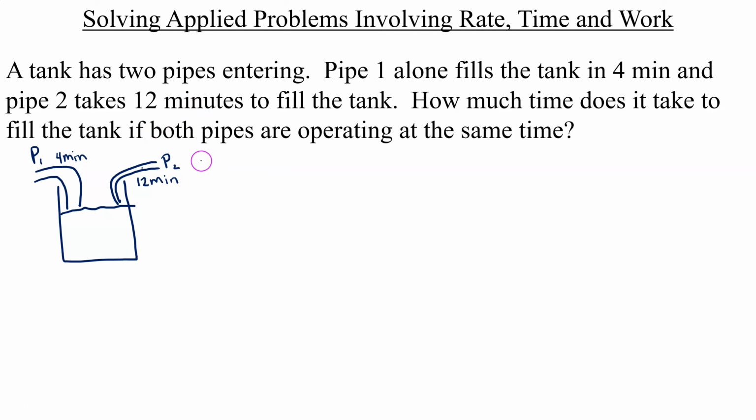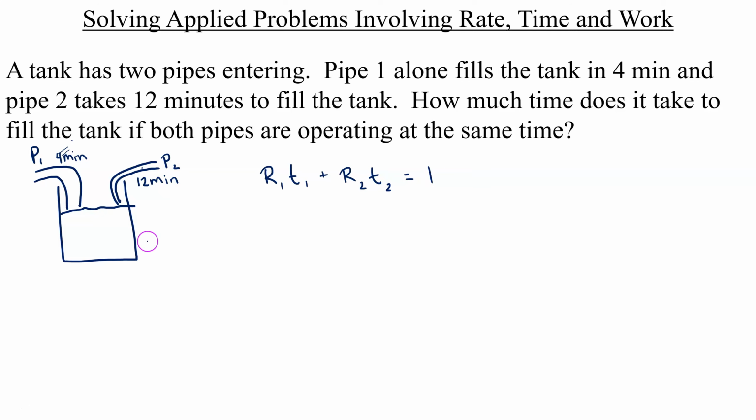So we know that since pipe 1 can fill it in 4 minutes, if it has any help at all, it's going to take less than 4 minutes for the tank to get full. So we're expecting to see an answer less than 4 minutes. Let me remind you of the equation. The equation is the rate of the first pipe times the time of the first pipe, and then we add it to the rate of the second pipe times the time it's going to take the second pipe, and that equals 1 job.